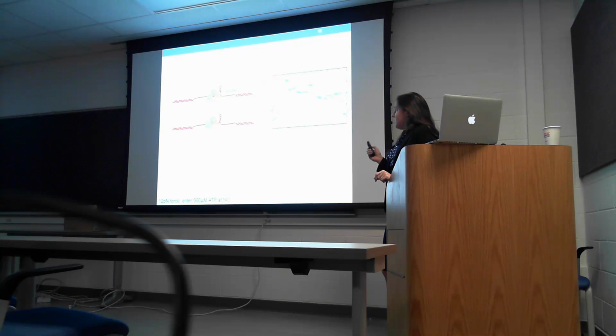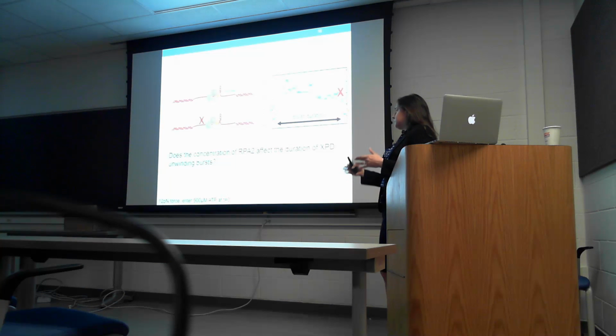So under the sequestration model, we're decreasing the rate of backstepping and backsliding. So if XPD is not backstepping and backsliding so much, then we should expect to see bursts of longer duration.